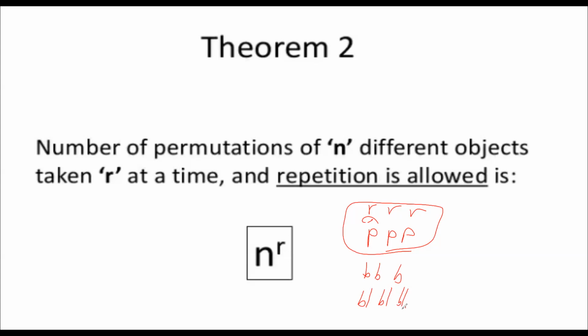Apart from combining the different colors, if you can use the same color more than once, you have more. For that reason, n to the r is greater. So 4 to the third power is a bigger number: 4 by 4 by 4 is 64. Far more possibilities if repetition is allowed, right?